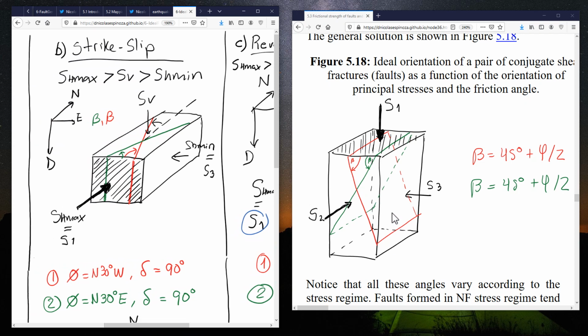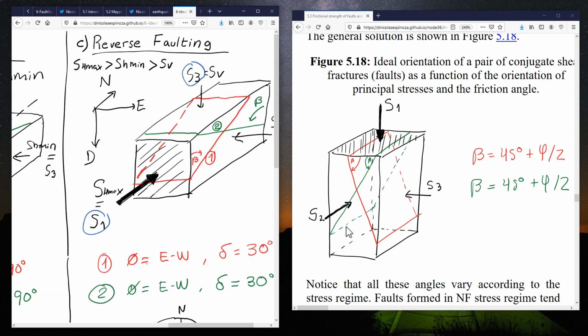In this case, is the one strike slip in which I make this one rotate and just lay on the horizontal plane, in order to be equal to this one. So S2 is going to be vertical, and in order to get to the reverse case, I flip this, make it lay down on this plane, and then rotate it 90 degrees, so I make S3 point up, and it's that case. But it is exactly the same, just rotated in 3 dimensions.